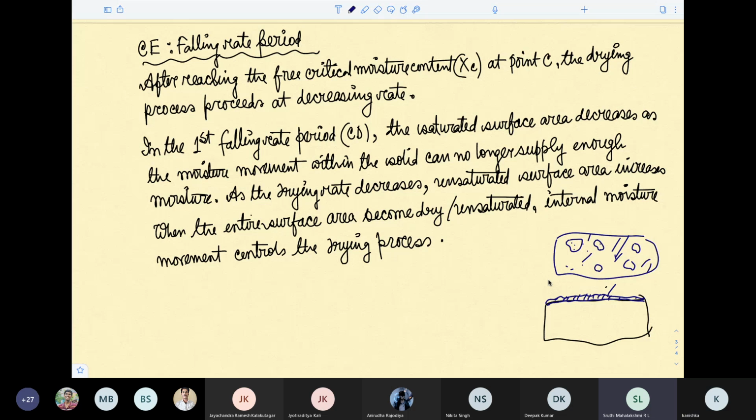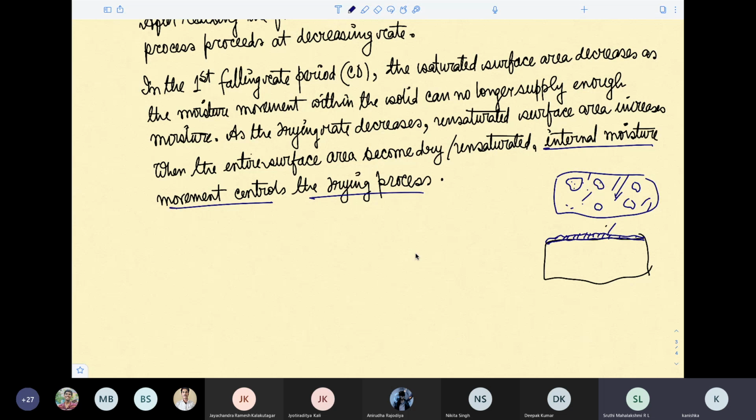Now, when I say internal moisture movement controls the drying process, how does the internal moisture movement take place? In the first falling rate period, if you look at the structure of the food material, there are a lot of capillaries present, macro capillaries and micro capillaries.